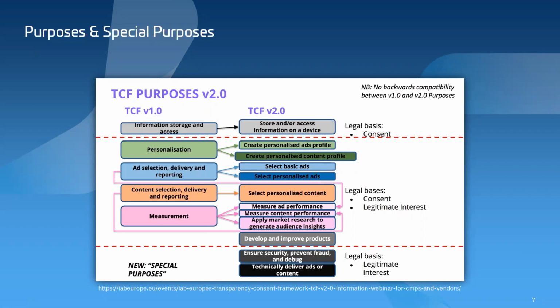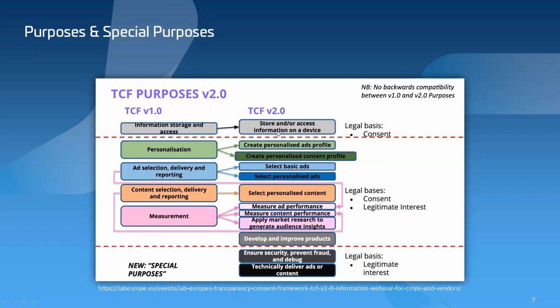And the texts or the names of the purposes are, let's say, in legal writing. So create personalized ads profile, select basic ads, select personalized ads. So usually we would understand, okay, that's marketing, but they're a bit more granular and a bit more, let's say, in legal language.